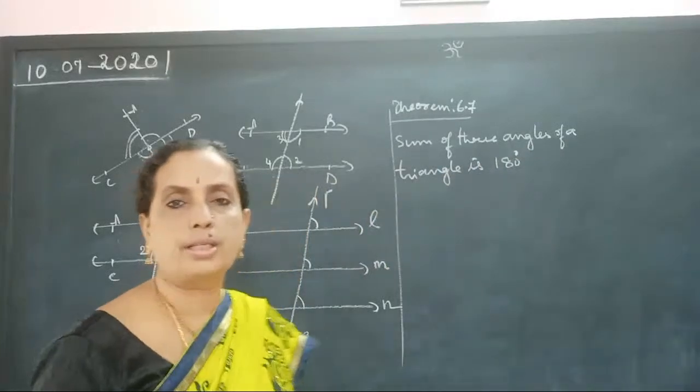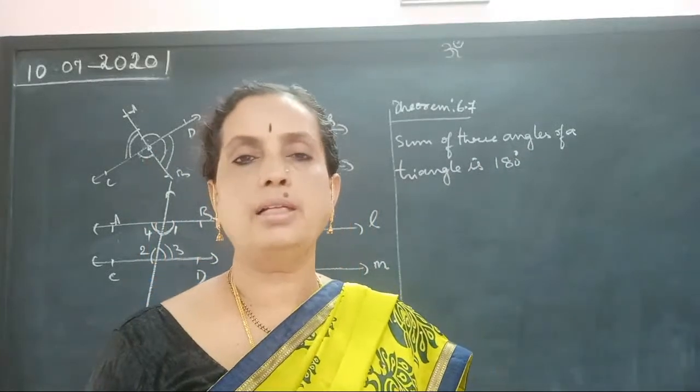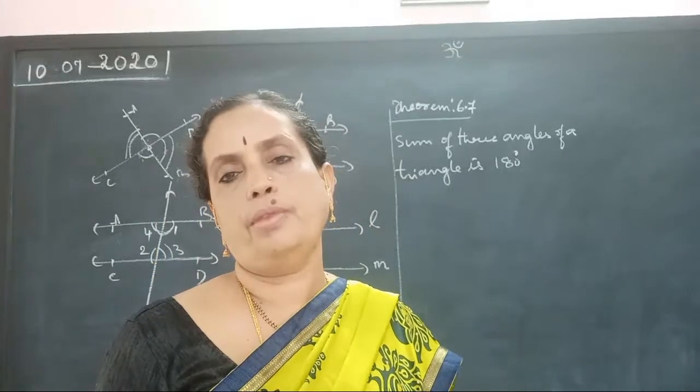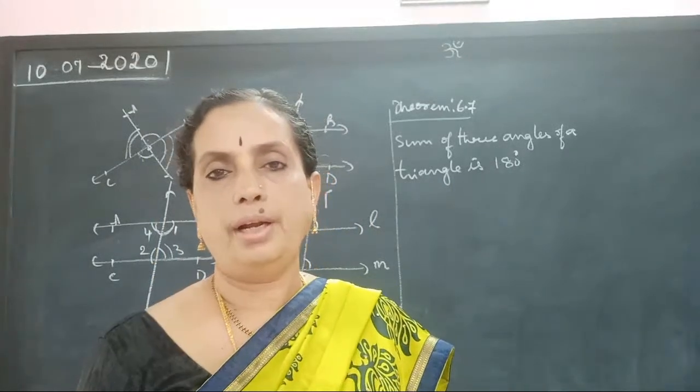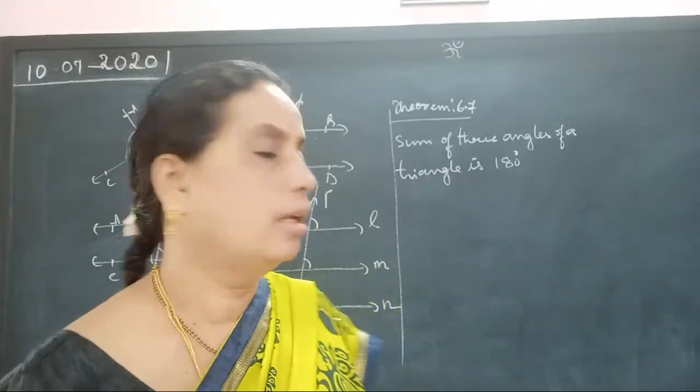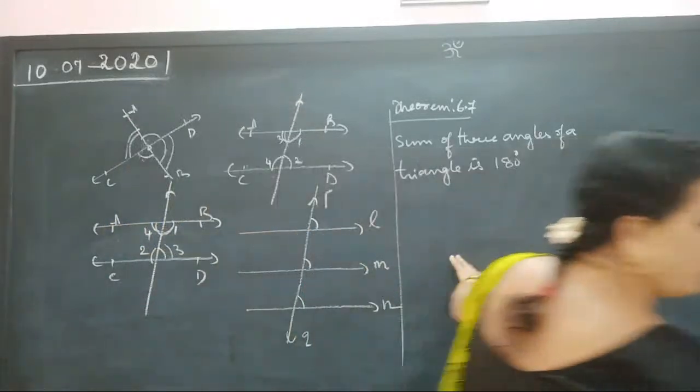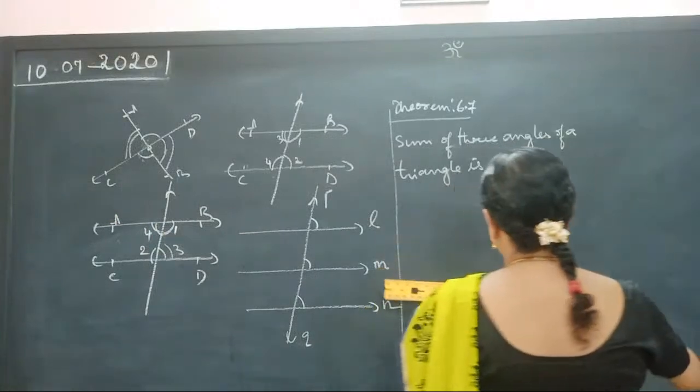So we also call this theorem the angle sum property theorem. Sum of three angles of a triangle is 180 degrees. This is the statement. Below the statement, draw the figure.